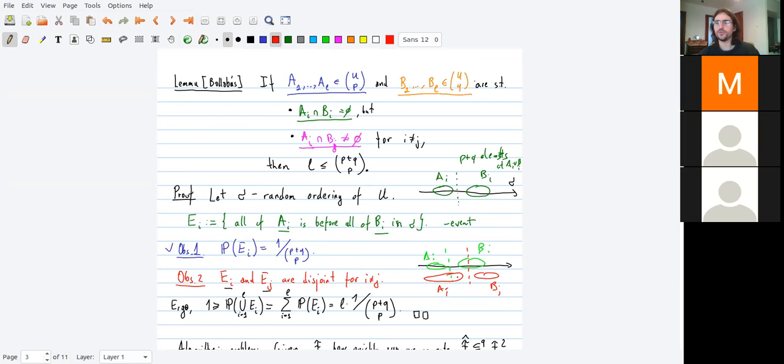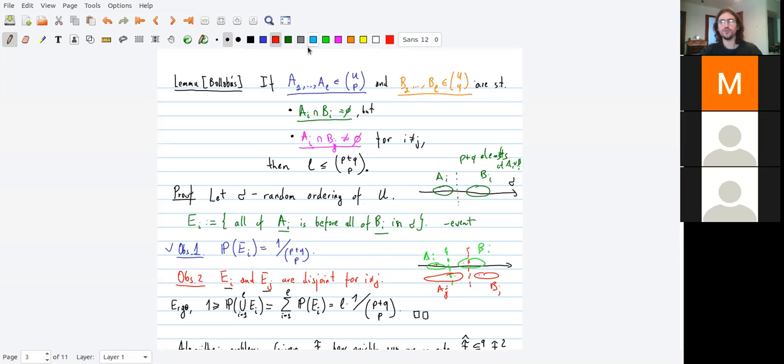However, I know that both A_i and A_j and B_i intersect, and I know that A_i and B_j intersect. But one of those lines, either the green line is to the left of the red line, or vice versa.